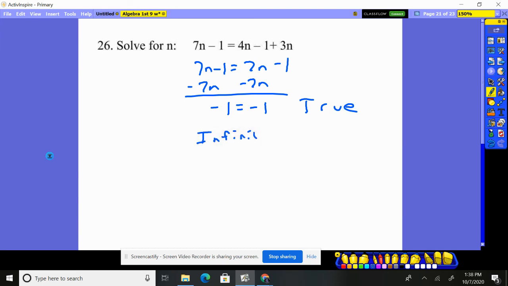No matter what we plug in to n, it's going to work. You plug in 6 up top, it's going to work. You plug 90 million into n, it's going to work. There's an infinite number of solutions. False statement means there's no solution. The true statement, when all the variables disappear, means it's going to be an infinite number of solutions.